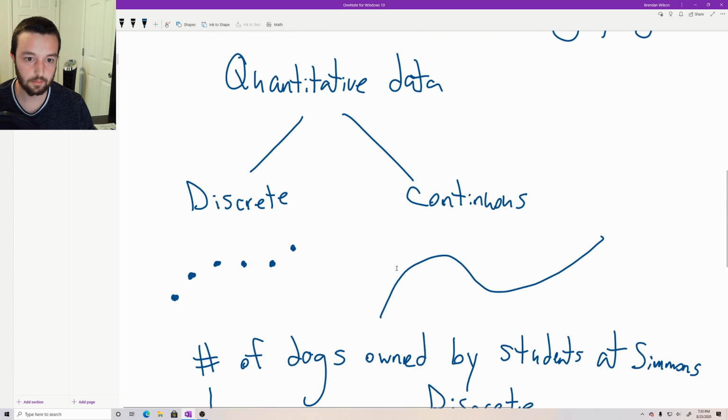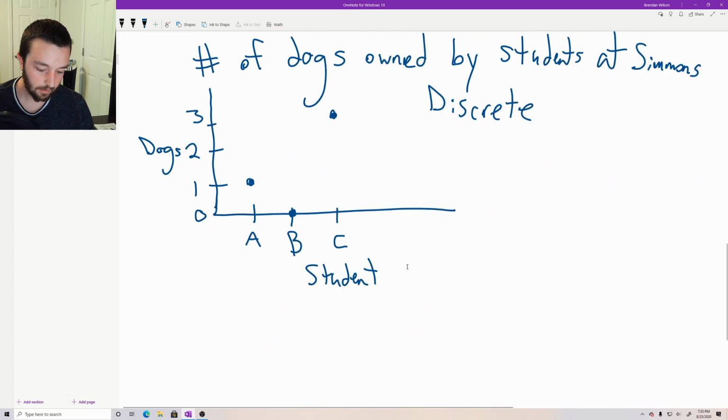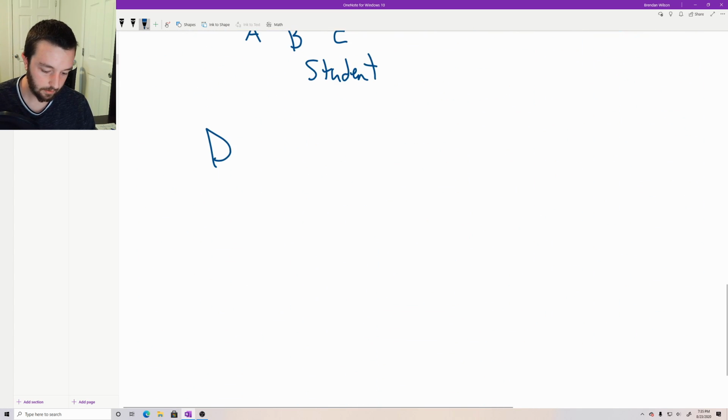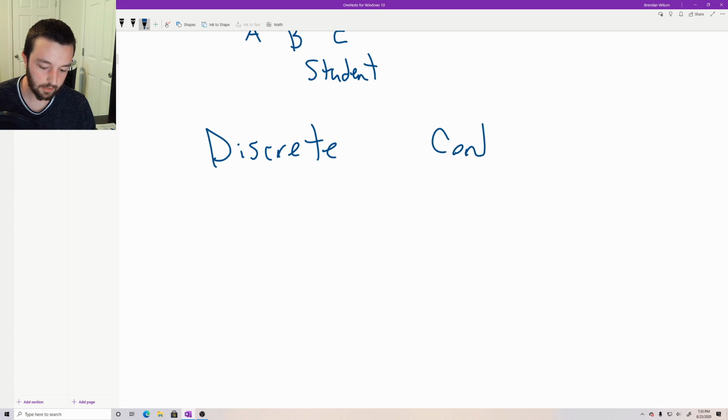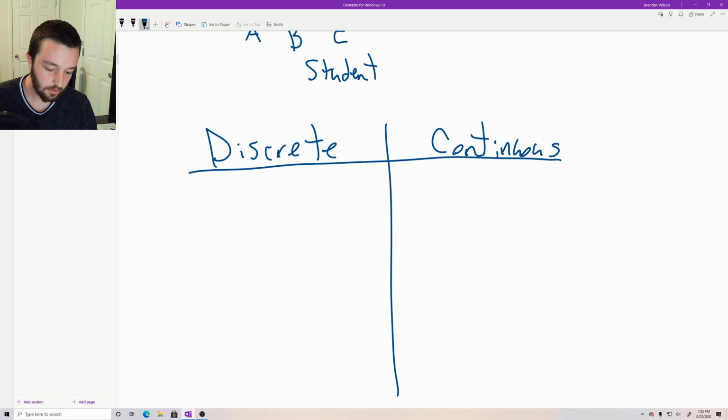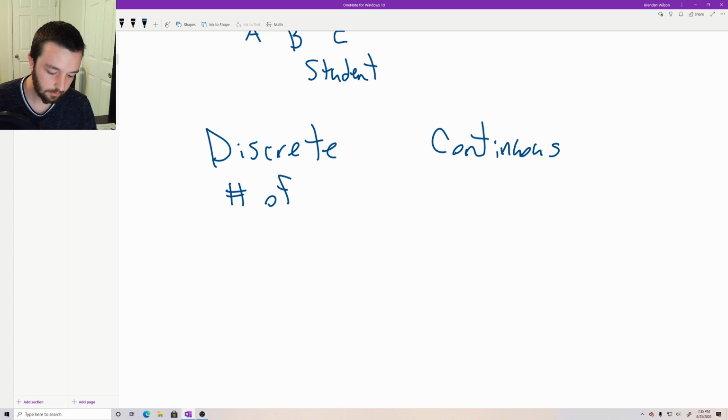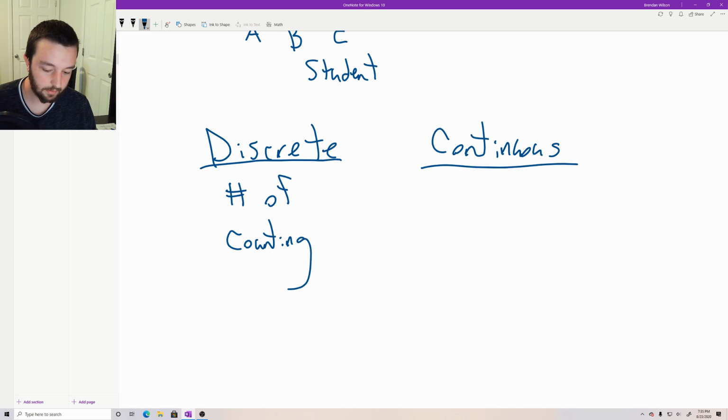So, for example, say discrete, continuous. So discrete would be like number of, counting.